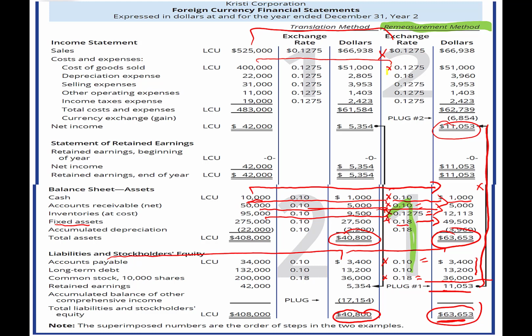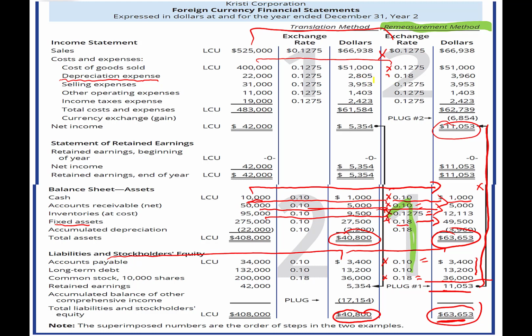Inventory is going to be the exception, where for a balance sheet related item, we won't use a historical rate, we'll use the weighted average. But we go ahead, we remeasure that. Depreciation expense is a balance sheet related item, right? So for that, then we would go ahead and use the historical rate.